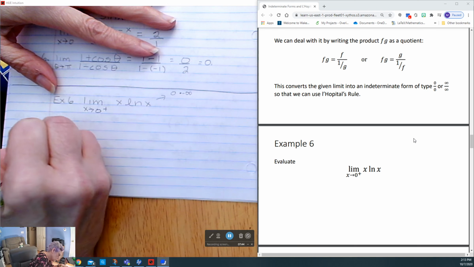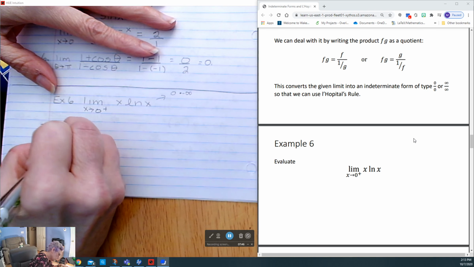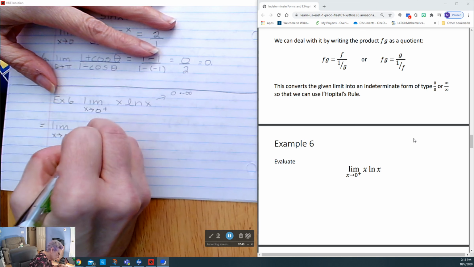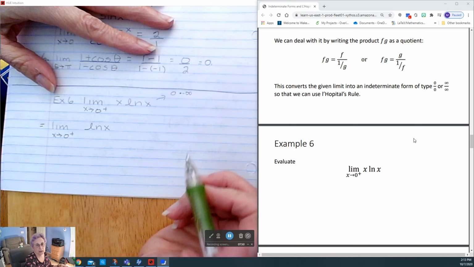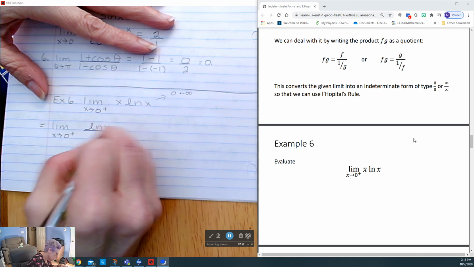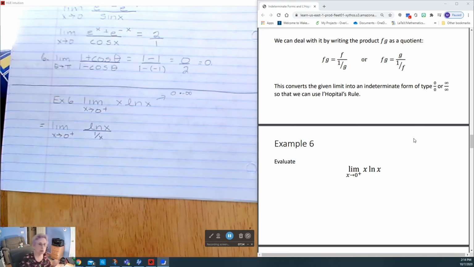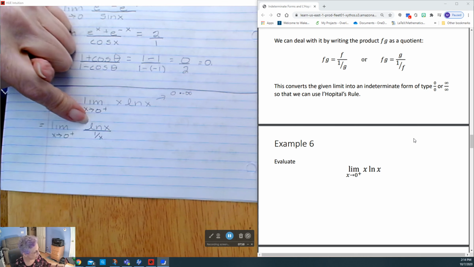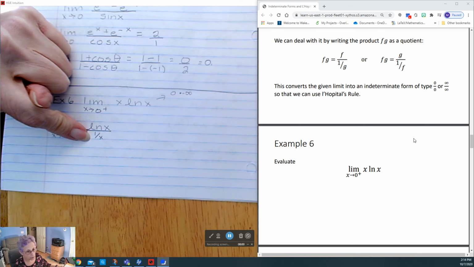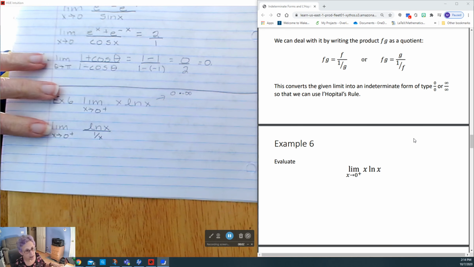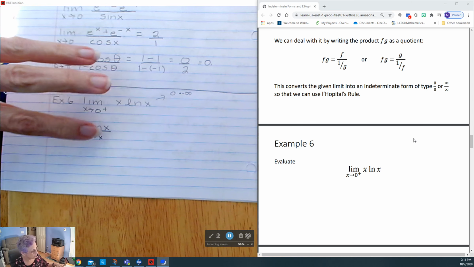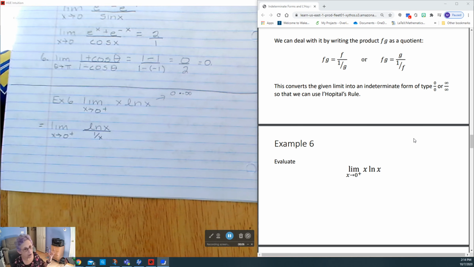This is equal to the limit as x approaches 0 from the right. I'm going to leave natural log of x on top and put 1 over x down below. Remember, this is natural log divided by 1 over x, which is the exact same thing as invert and multiply natural log of x times x.